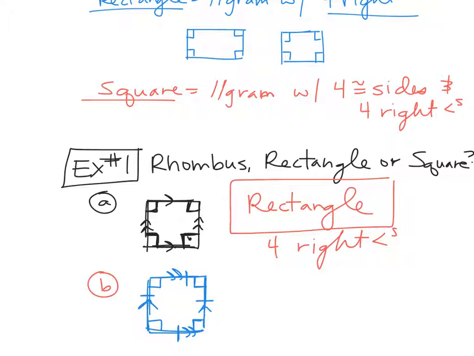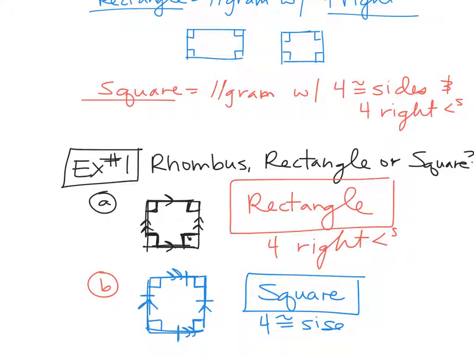A square. Okay. Because you have four congruent sides. Oops. My brain is not working today. And four right angles. Okay. Questions on that?